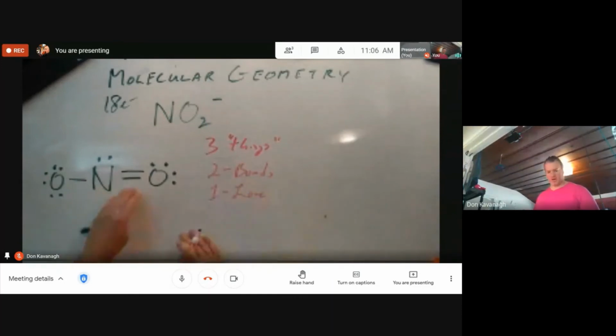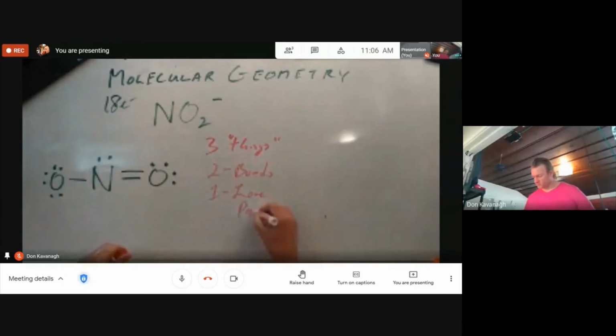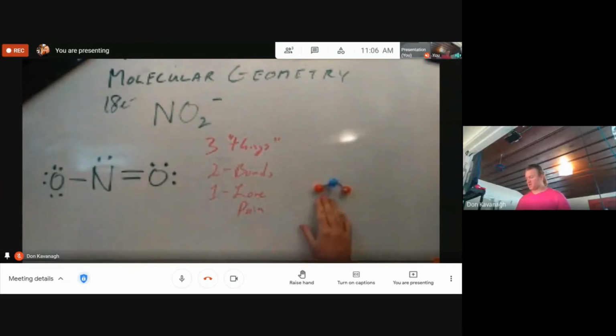Now, the 2 bonds that are present in this Lewis dot structure would give us a structure that looks something like this out of the model kit. This molecular geometry here we call bent.